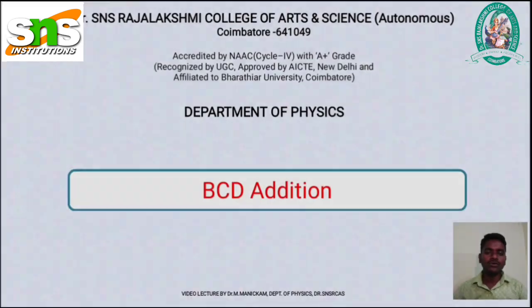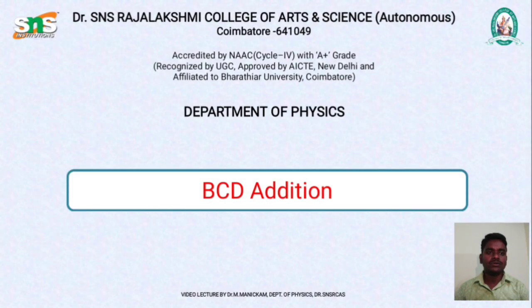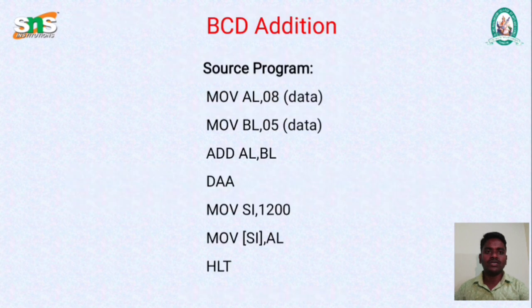In this video we are going to discuss BCD addition. First of all, we should know what BCD is. BCD means binary coded decimal. Why are we converting decimal numbers into binary numbers?